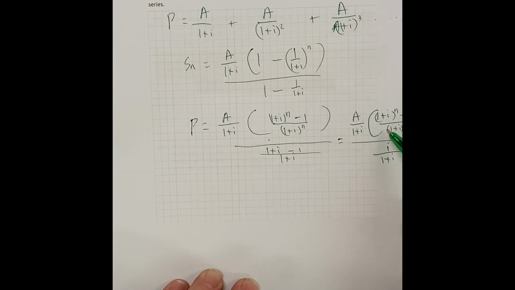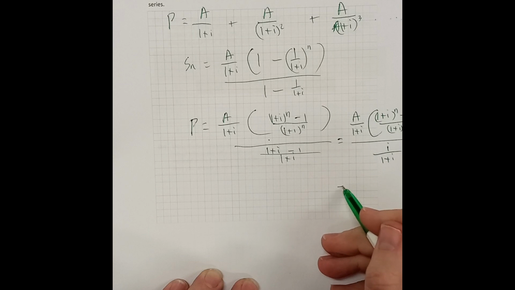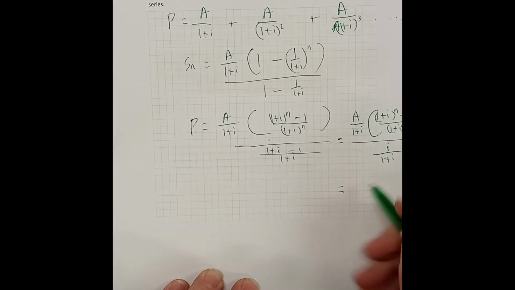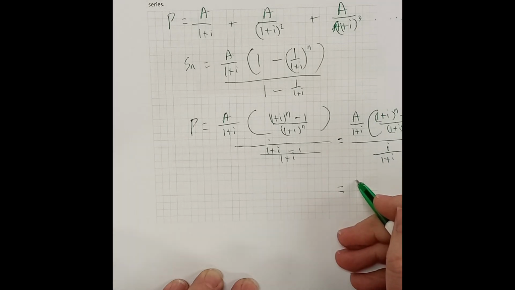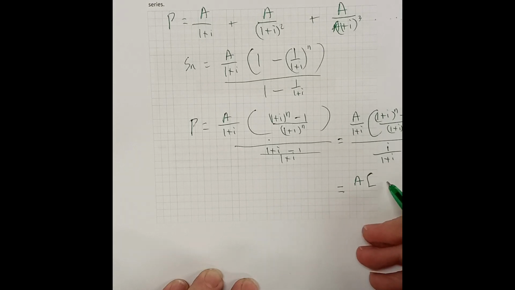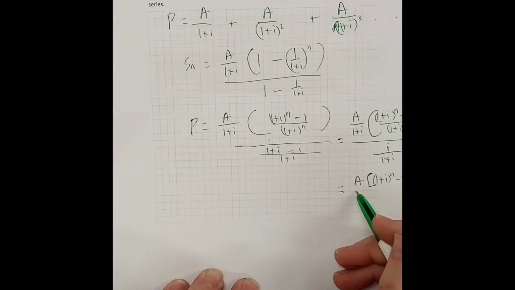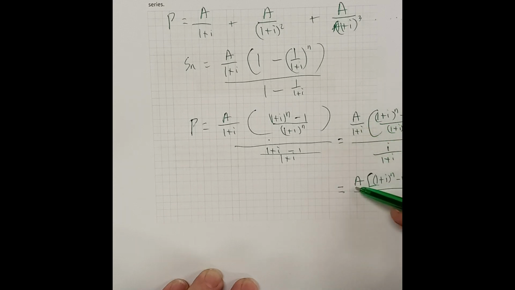And then the i just gets multiplied in here. So that's really going to be equal to a multiplied by 1 plus i to the n minus 1 over, so that's multiplied up, which means it's cancelled with that, so that's why there's no a there, and the i is just going to get multiplied by that, i times 1 plus i to the n.